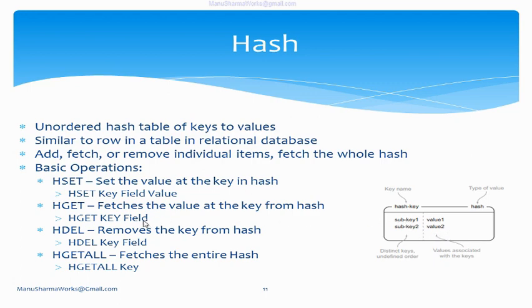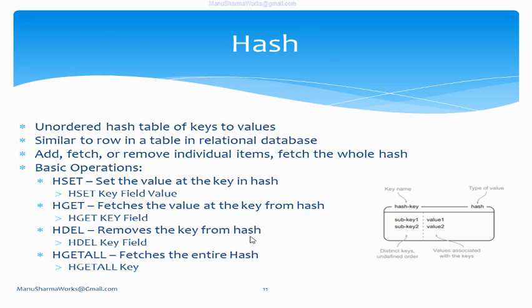In order to get the particular information of a field, we use HGET key and field. If you want to get the value saved in sub key 2, then you use HGET with the hash key and field sub key 2, and it will return value 2.